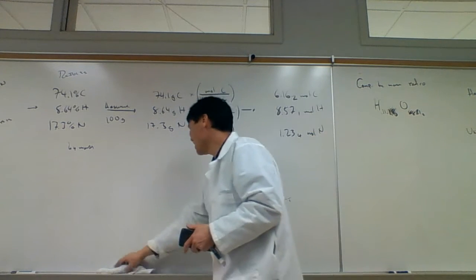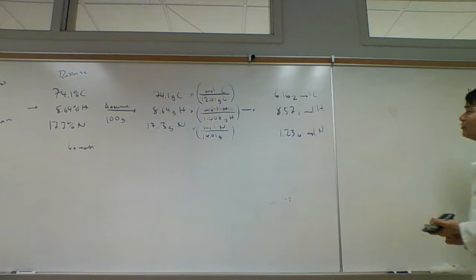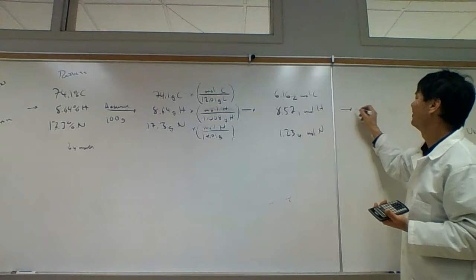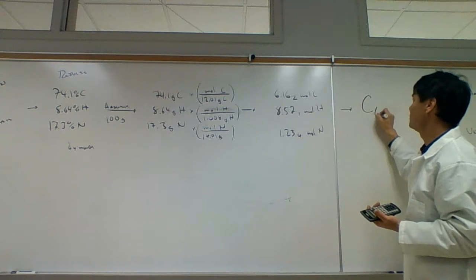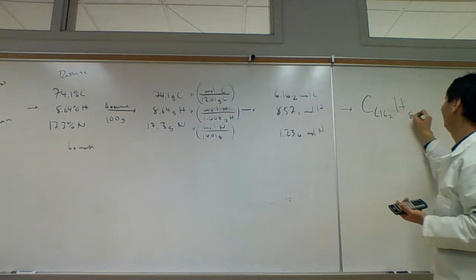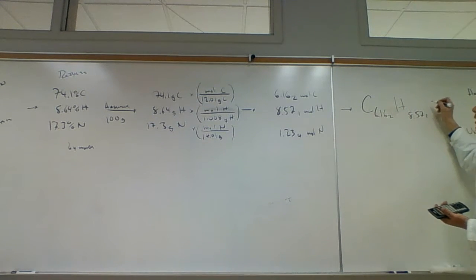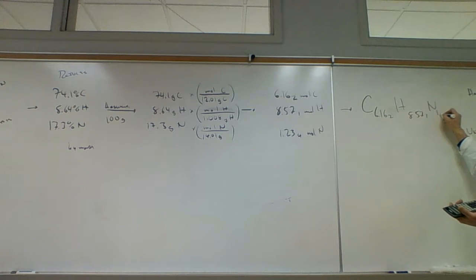Now, formula is an atom or mole ratio. So we have the formula here, but it doesn't look like a formula. And so we convert this into a formula. It's going to be carbon 6.162, hydrogen 8.571, and nitrogen 1.234. Well, this looks just as bad.